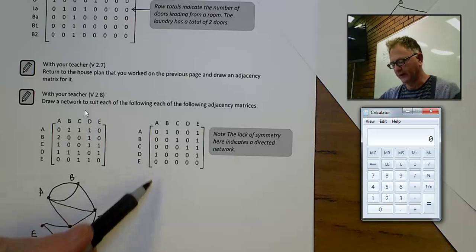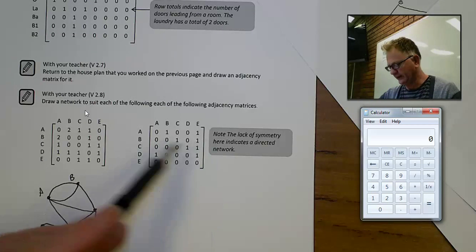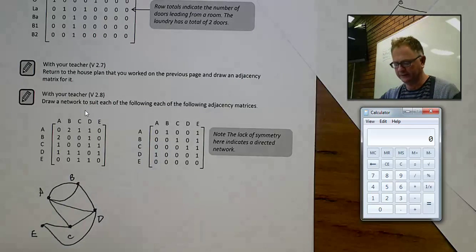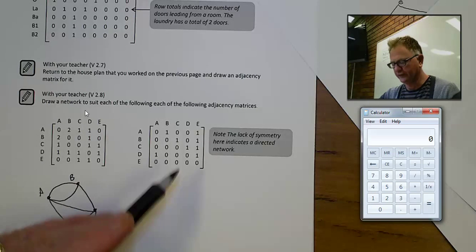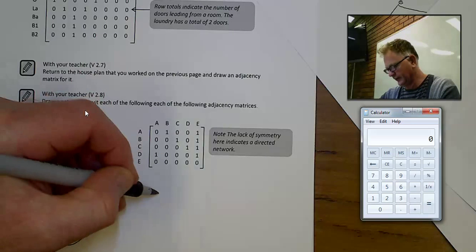Now with this one, if you have a look at it, you'll see a lack of symmetry. Row A is not the same thing as column A, and you'll find the similar throughout the rest of it. So for that reason, this is likely to be a directed network. So we'll indicate things with arrows. Let's put down some points.